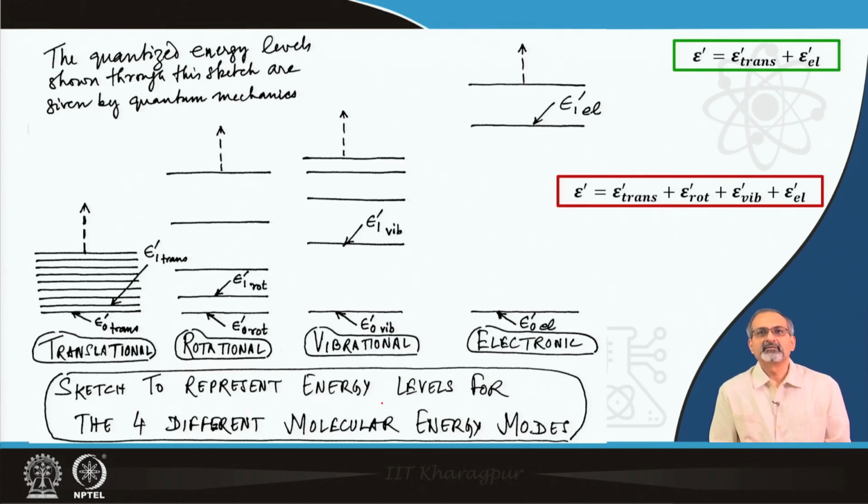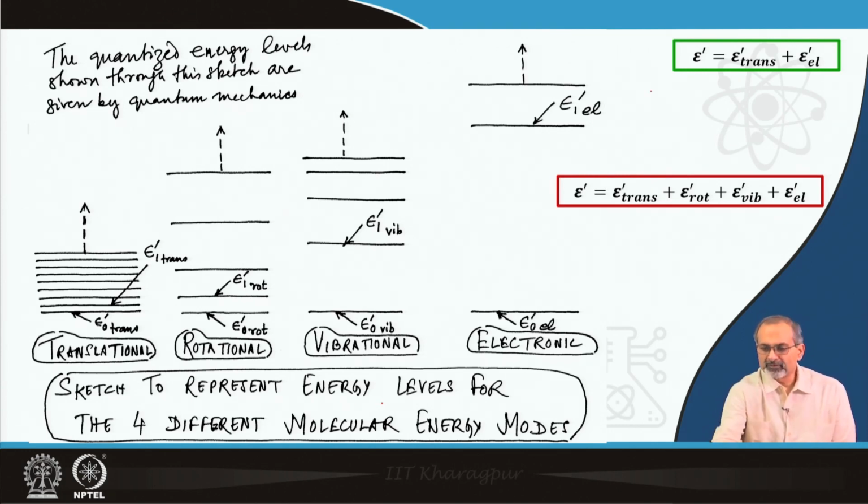And that is what is represented through this diagram, where we try to put all the energy modes that we discussed in a common sketch, and it gives you some idea about the discrete energy modes that we are talking about. So, these are the quantized energy levels which are given from quantum mechanics. We are not going to delve into that in depth, but we will sometimes refer to some of the results which are available from the theories.